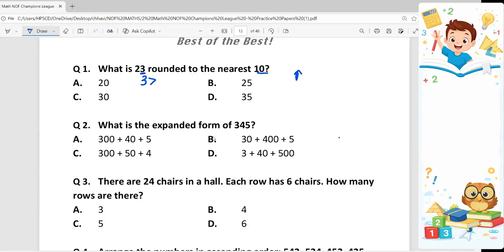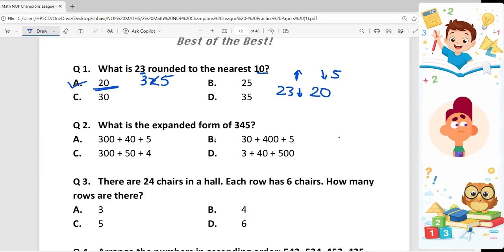And if the units place is less than 5, then it is rounded downwards. So here 3 is less than 5. That means we have to round downwards. Therefore 23 has to be rounded downwards towards 20. So the answer is 20.